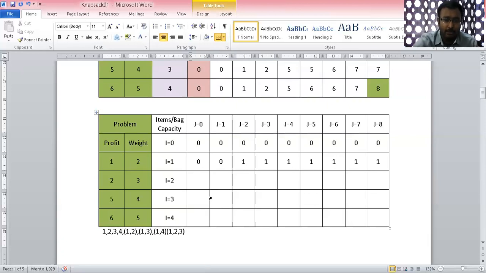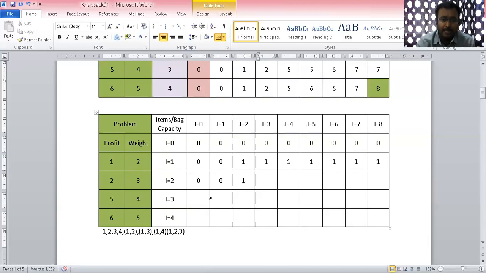When j is equal to 0, I cannot add any item, so I put a 0. Similar way, when j is equal to 1, I am not able to add any item because both the items have weight greater than 1, so I put a 0. When j is equal to 2, I can add only item number 1, but I cannot add item number 2. So I retain the same value as 1.